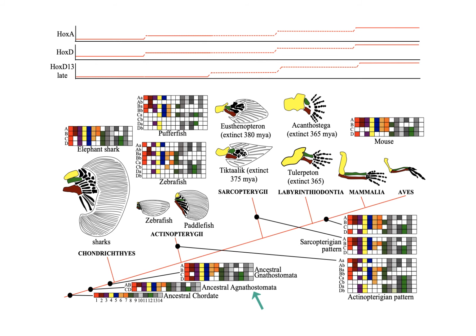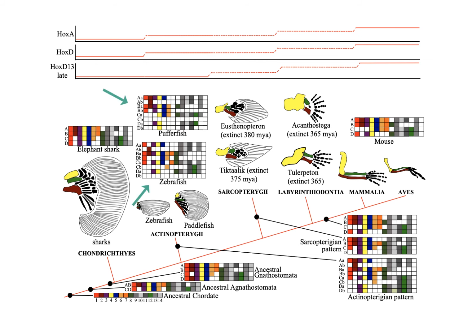And then a further duplication to form the jawed fish pattern, including sharks, which are the cartilaginous fish. And then up to the ray-finned fish up there, where you get a further duplication.